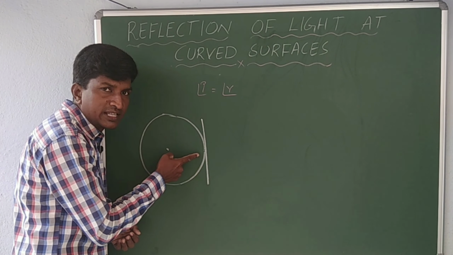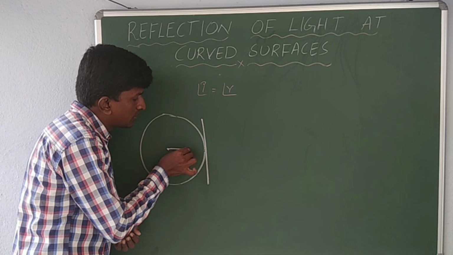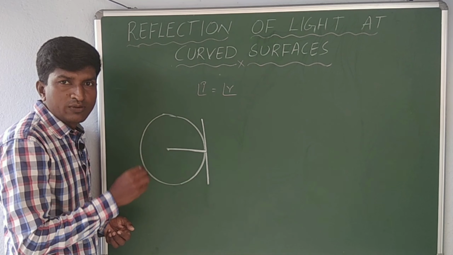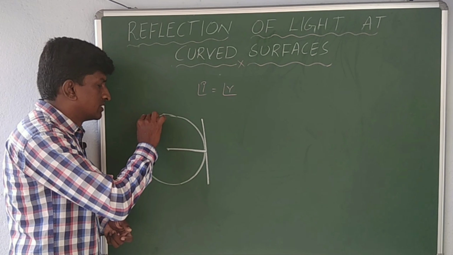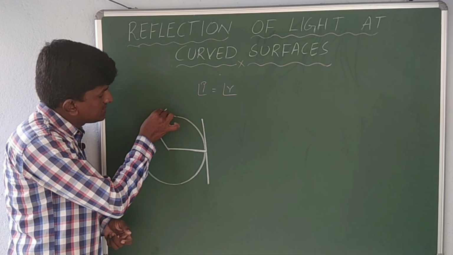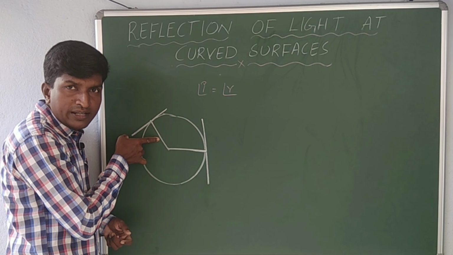Tangent is a line drawn normal to the radius of the sphere or circle. Whatever point I take, this is the radius and the surface here is tangential, normal to the radius.